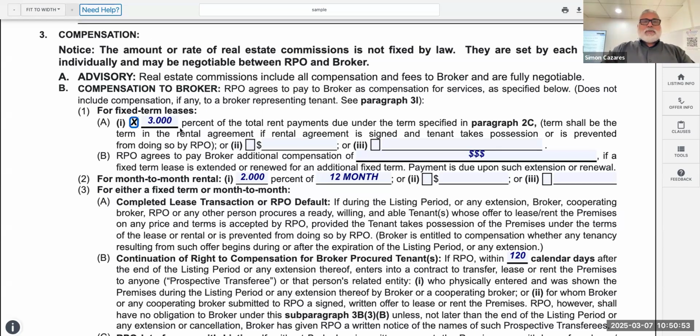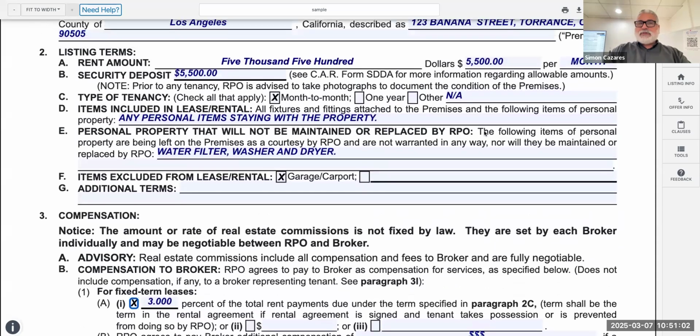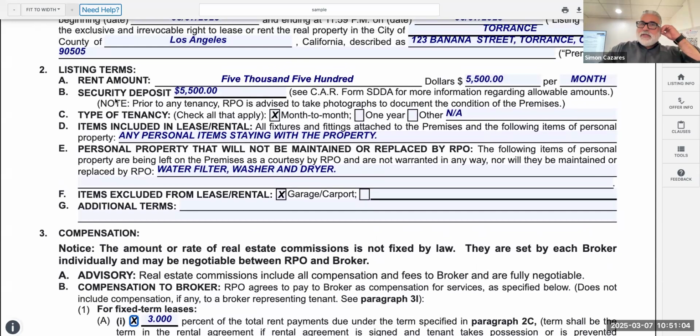So here I put that it's 3% of the total rent payment due under the terms specified in paragraph 2C. So I want to make sure we go back to 2C. Then we need to know what this is. If it's a 1 year, then the income is based on the 1 year. So if we do the math here, okay, what is 5,500 times 12 months?